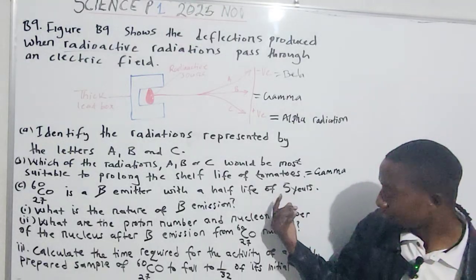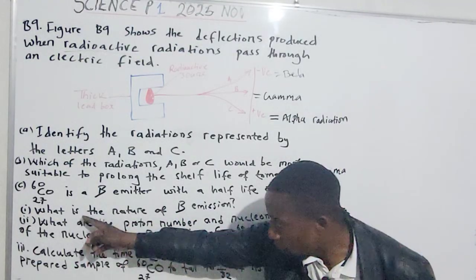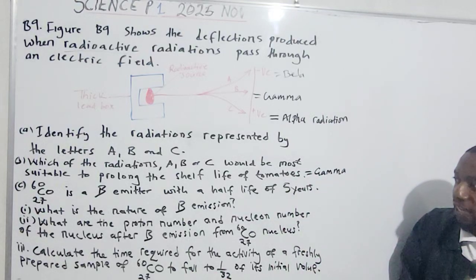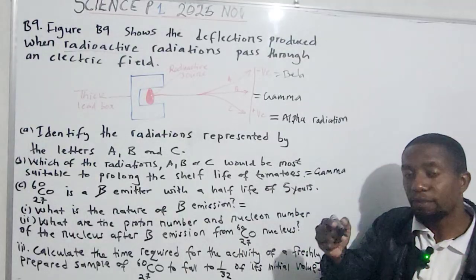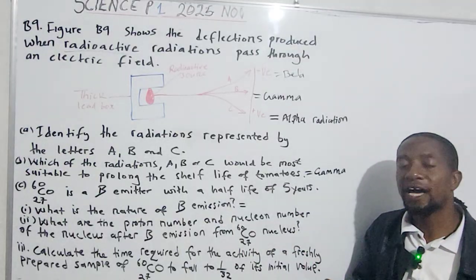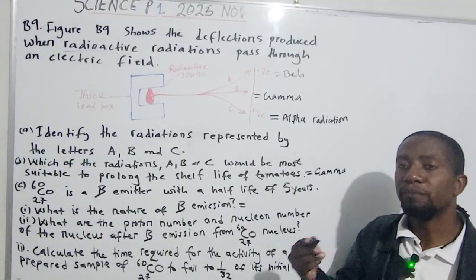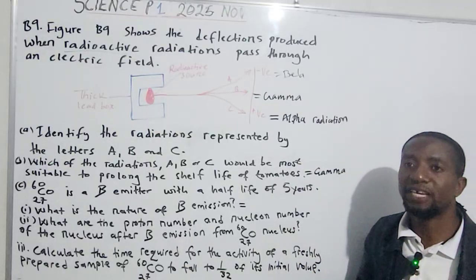All right. Roman numeral 1. What is the nature of the beta emission? Remember what I said. These are simply fast moving electrons by nature.